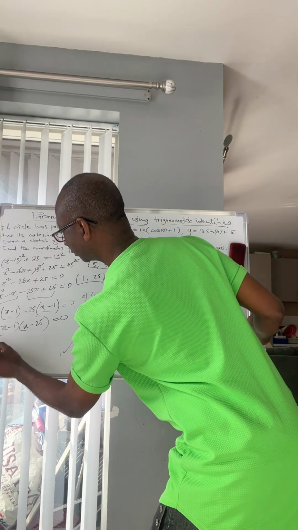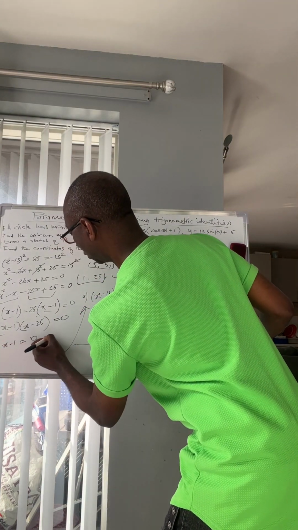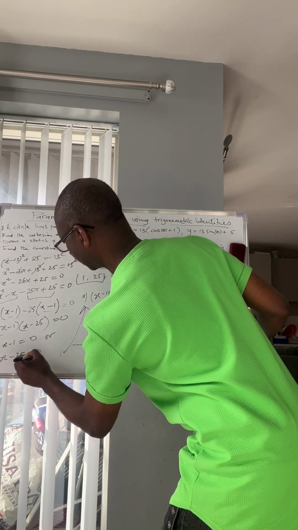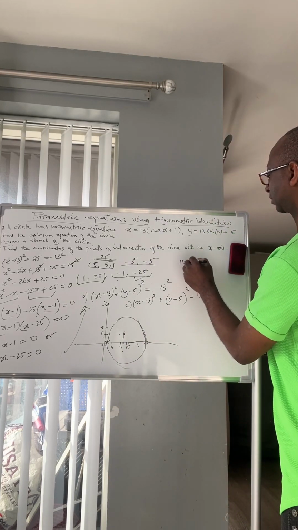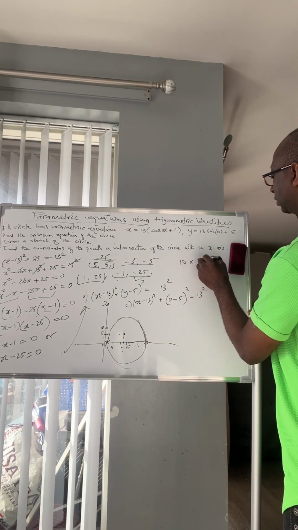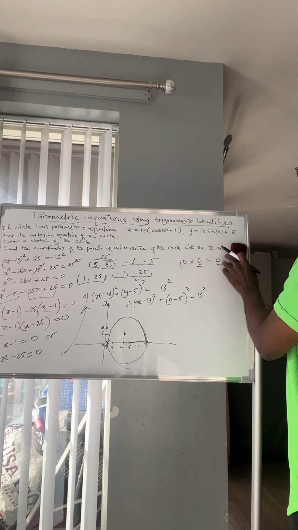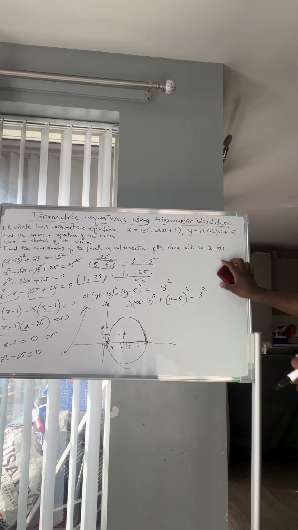So therefore, either x minus 1 equals 0 or x minus 25 equals 0. If you say 10 times 0 equals 0, it means either 0 is equal to 0 or 10 is equal to 0. Just an example for you to understand that concept.